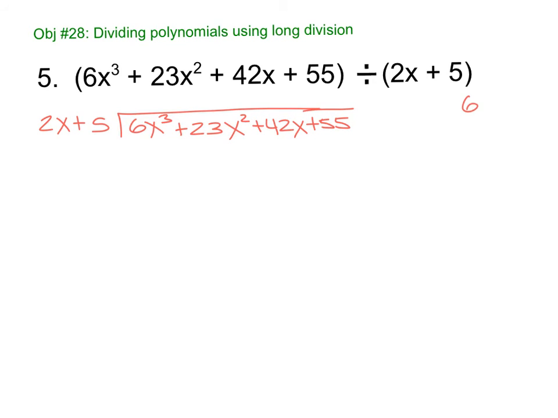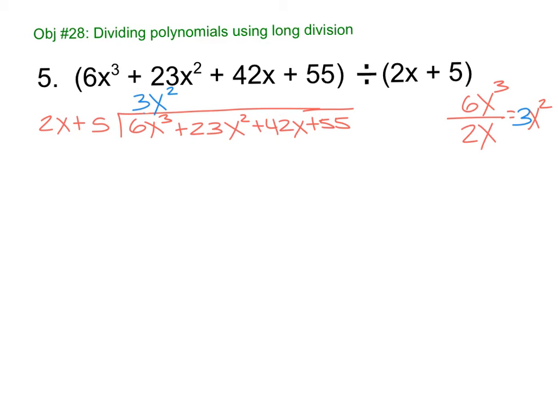So my first term on the inside is 3x cubed, and we're dividing by 2x. So that gives me 4x squared. So 4x squared, I distribute. I can divide because 6 divided by 2 is clearly 4. Wow. 3x squared.